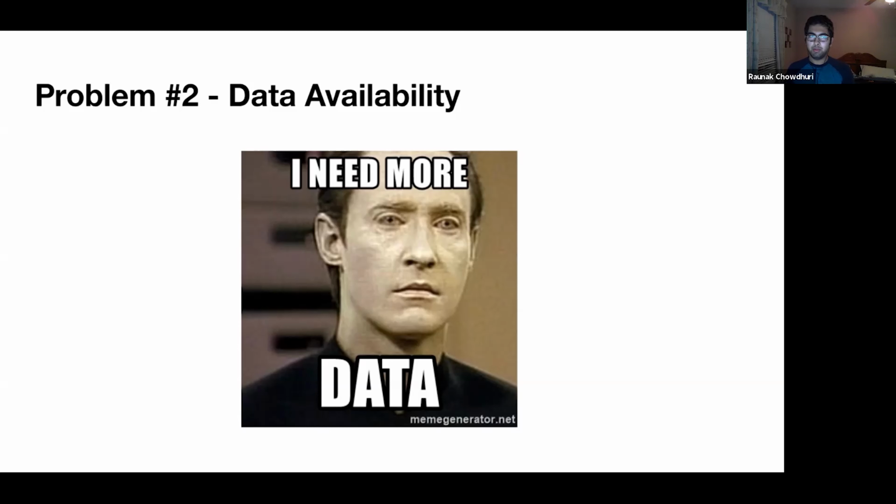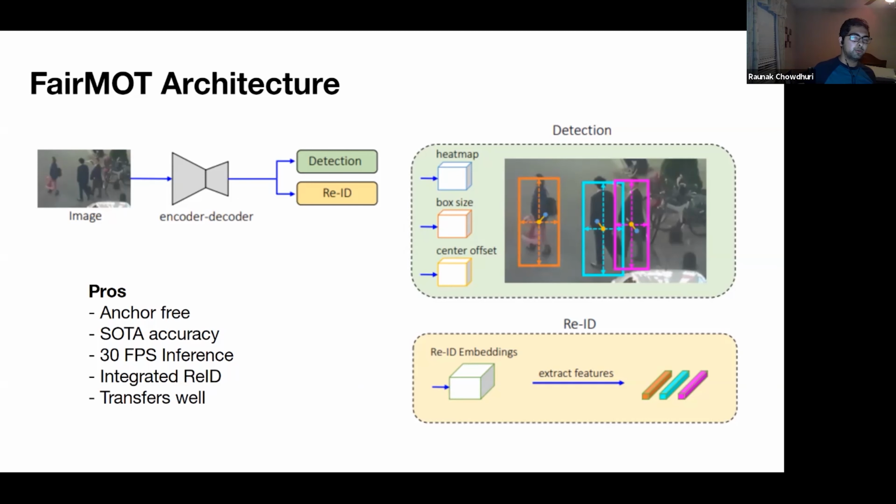To address that problem, we want to use an architecture that has been shown to transfer really well. And again, we have that same problem as before: we want to conduct inference as fast and as accurately as possible. So the architecture that we finally settled on is called FairMOT.